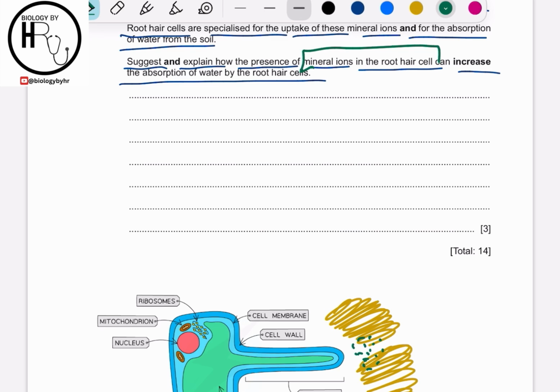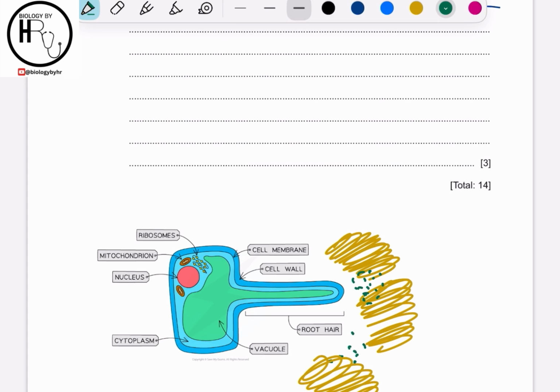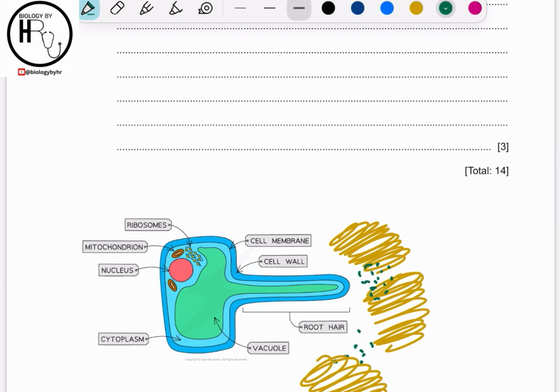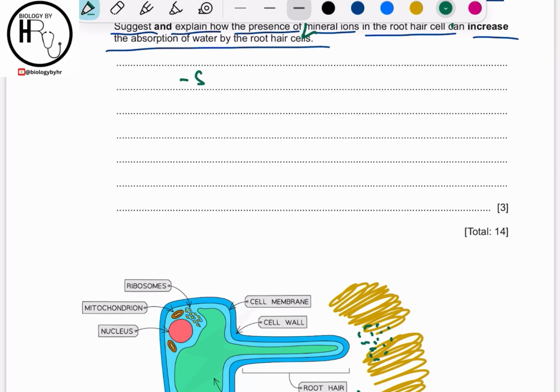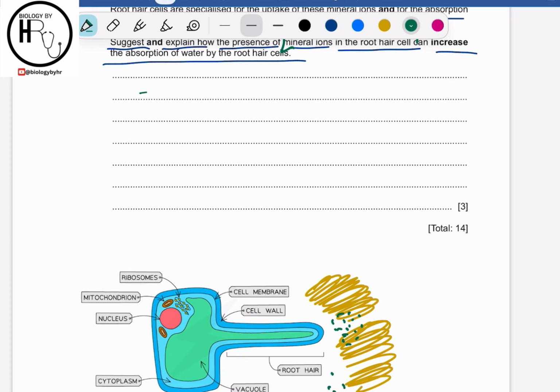So how can you say this? The mineral ions, for example nitrate or potassium, when they dissolve in the cytoplasm of the root hair cells, increase the solute concentration in the cytoplasm, right?